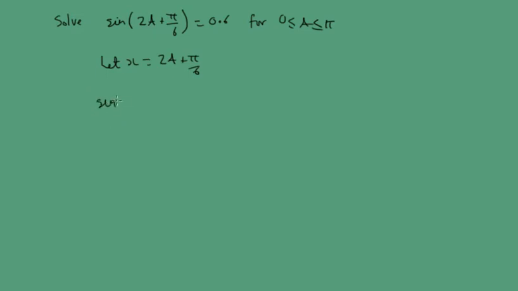So now we do sine of x is equal to 0.6, and that will give us a value of 0.6435. Now it's in radians. So bear in mind, looking at the domain here, it is in radians, not degrees this time.